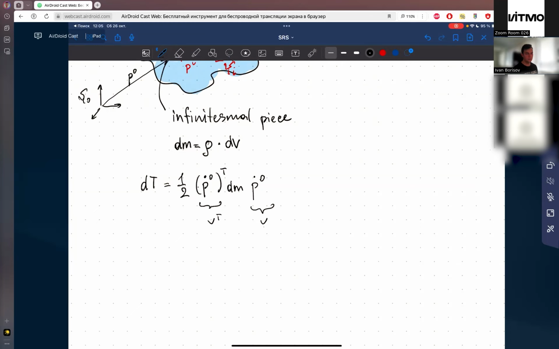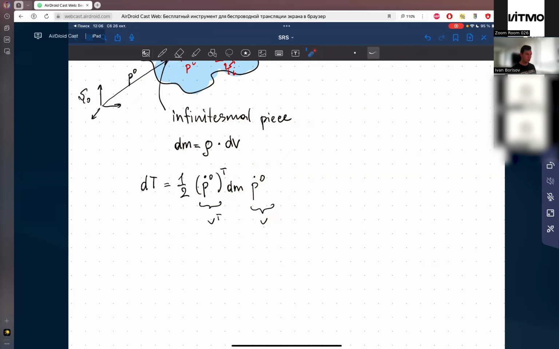So p dot transpose is a column, this is the row, and this is the scalar. So if the transpose is a row, it needs to be multiplied with a column. It can't work, right?